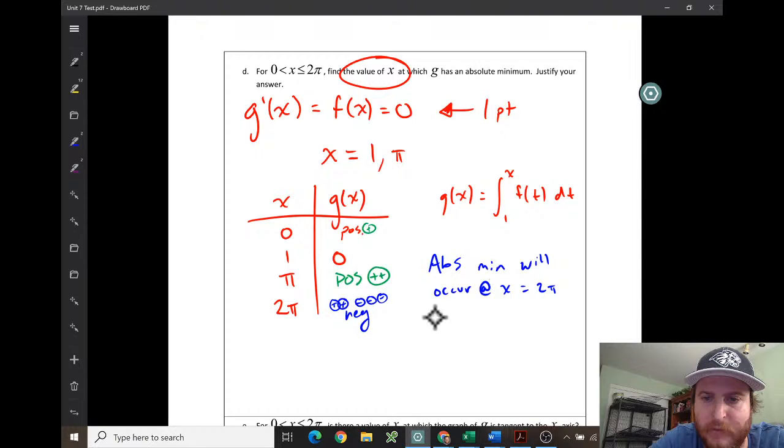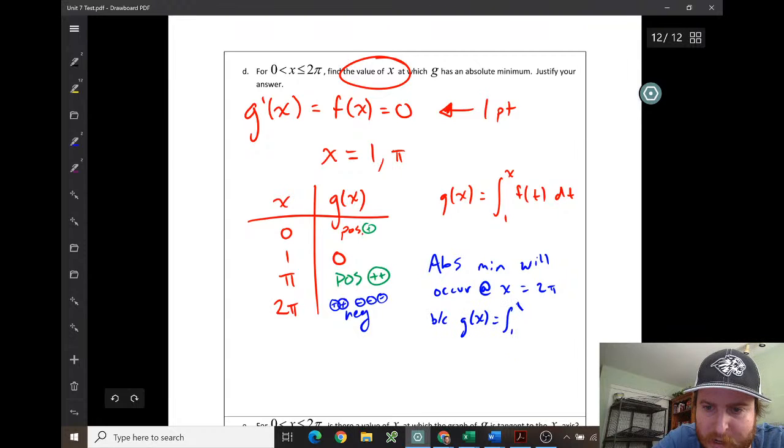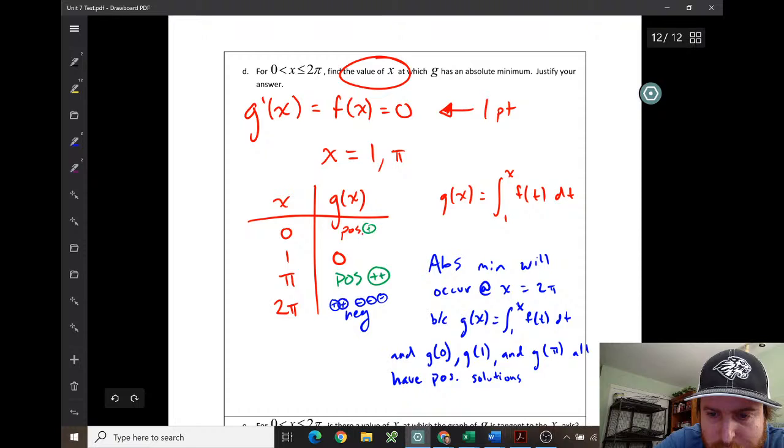But if you want to add, because g of x equals the integral from 1 to x of f of t dt, then g of 0, g of 1, and g of pi all have positive solutions, while g of 2 pi is negative.